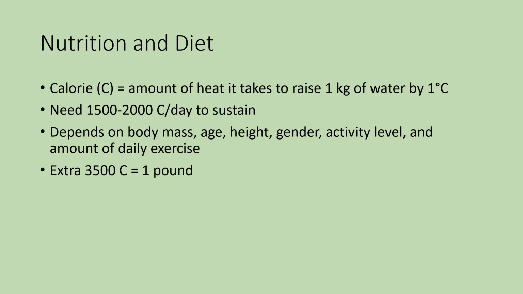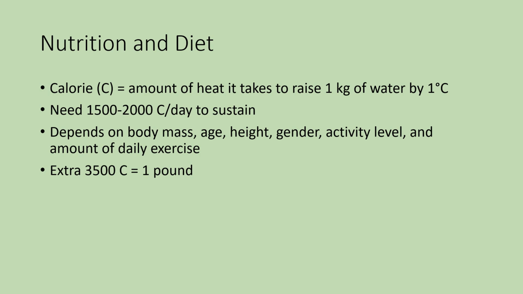Now, how much you take is going to depend on your body mass, your age, height, gender, level of activity, and the amount of daily exercise. As a general rule of thumb, every extra 3,500 calories is going to equal a gain of 1 pound. And unfortunately, a lot of us don't realize how many calories we are taking in.